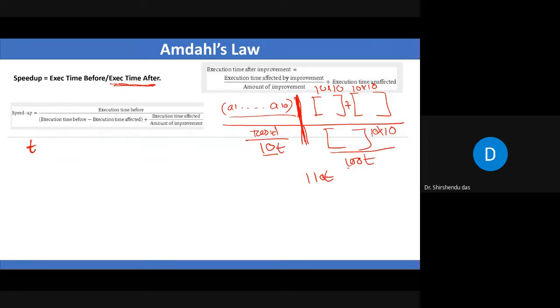Now assume that you are doing it on a computer, and somehow you can do parallelization in this part. Assume that you cannot parallelize, means perform this part in parallel, but you can divide this matrix into multiple parts. Initially assume that you have only one core, when you are getting 110t. Now suppose you have here 10 cores, and so a total of 11 cores are there.